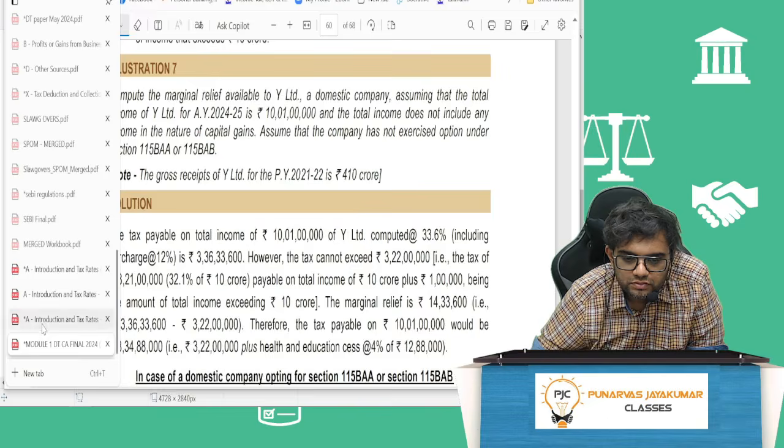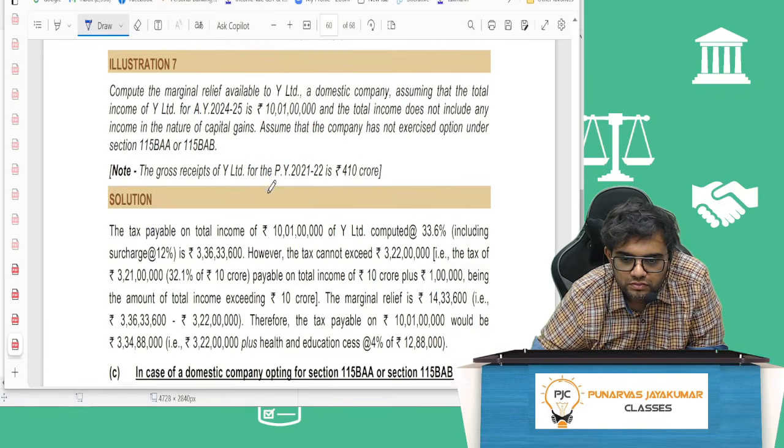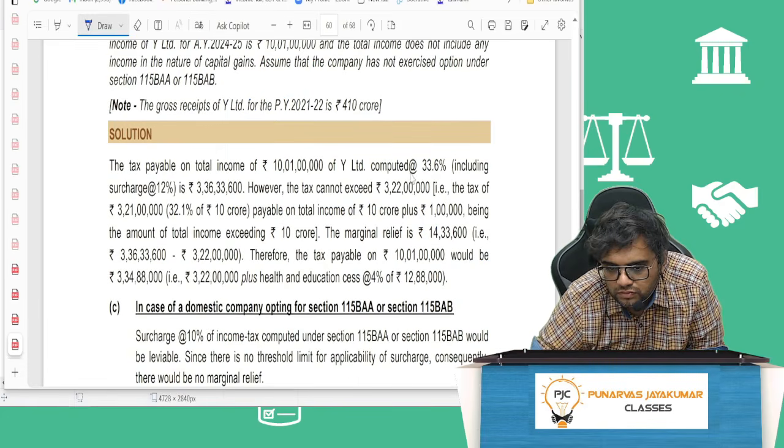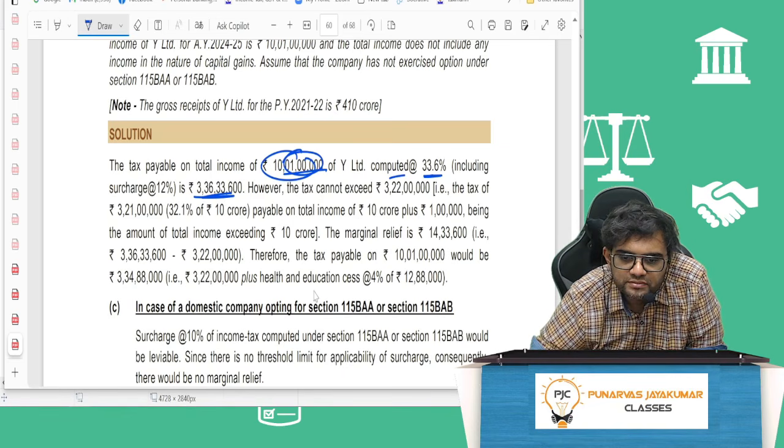So 33.6%, that is 30% tax plus 12% surcharge. This much. Tax cannot exceed how much, but tax on 10 crore plus that extra 1 lakh.